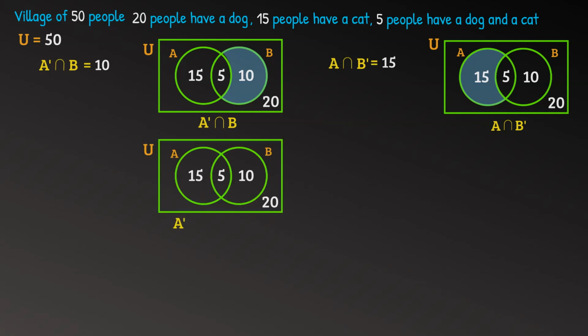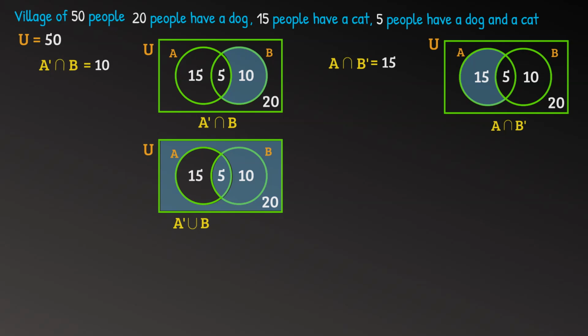Now, if we wanted A complement union B, that's everything that is outside of A and everything that is inside of B. So we would get this shaded area here. Now, you may notice that A complement union B looks like the opposite or the negative of A intersect B complement.